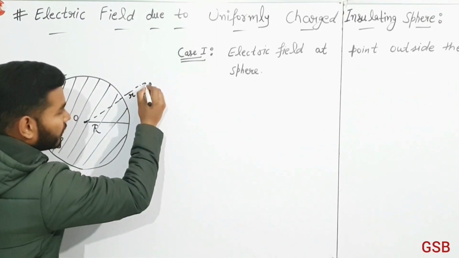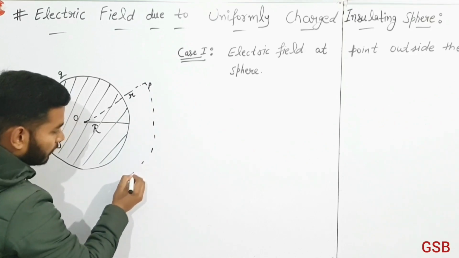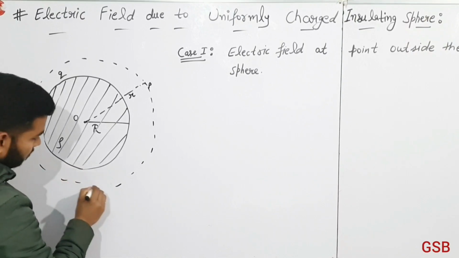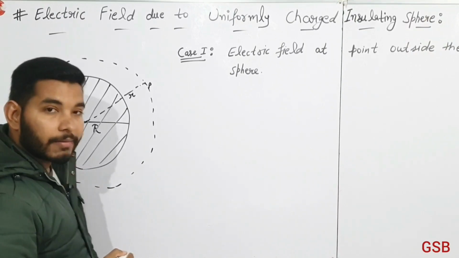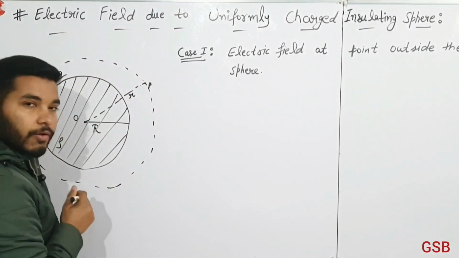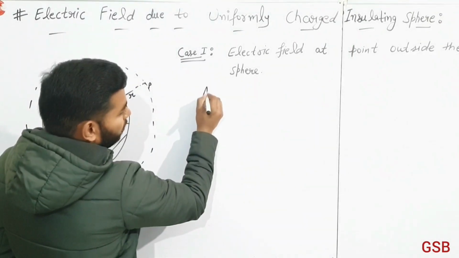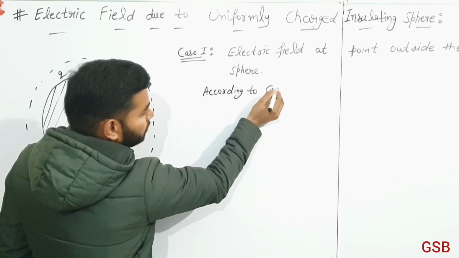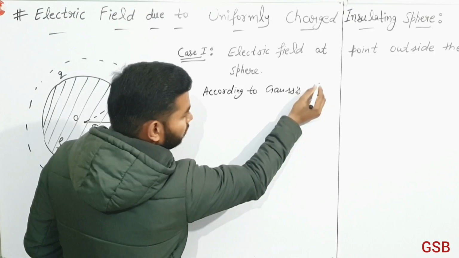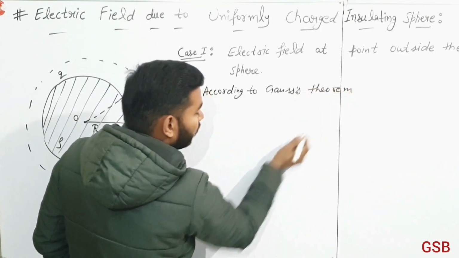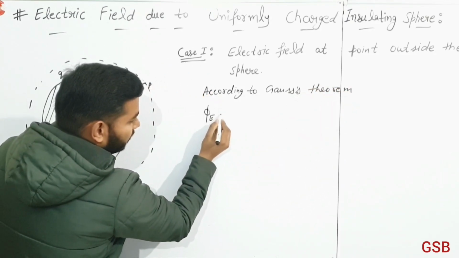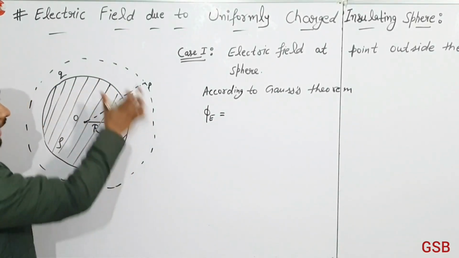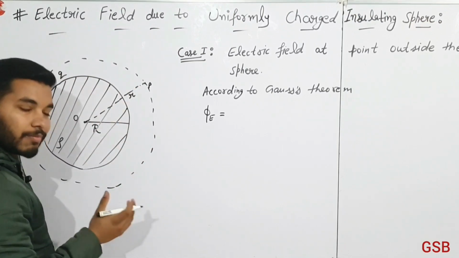Now we draw a Gaussian surface around the insulating sphere having radius small r. So according to Gauss theorem, electric flux at point P is total charge enclosed inside the Gaussian surface divided by epsilon naught.